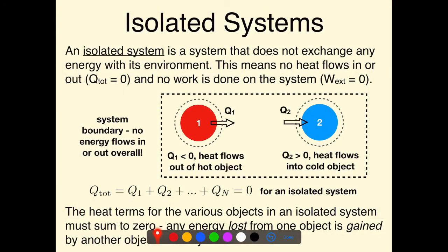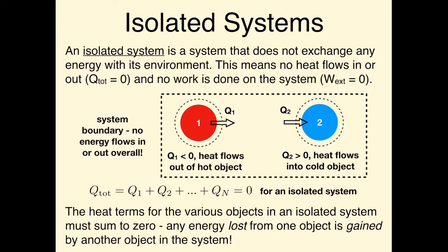Okay, so next, let's talk about isolated systems. This is a very useful concept because it can be used to solve problems involving heat being transferred between many different objects. So the definition of an isolated system is just any system that doesn't exchange energy with its environment. So that means that we don't have any heat flowing in or out of the system.